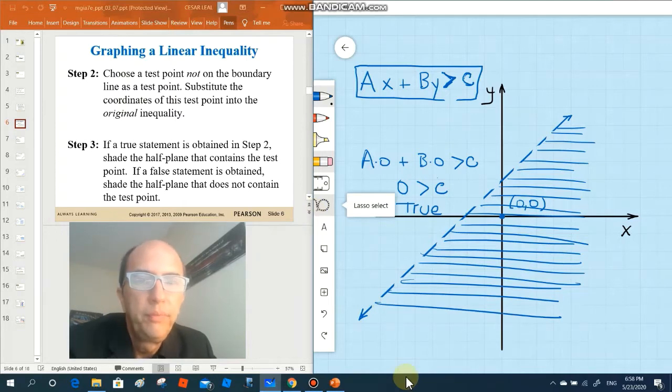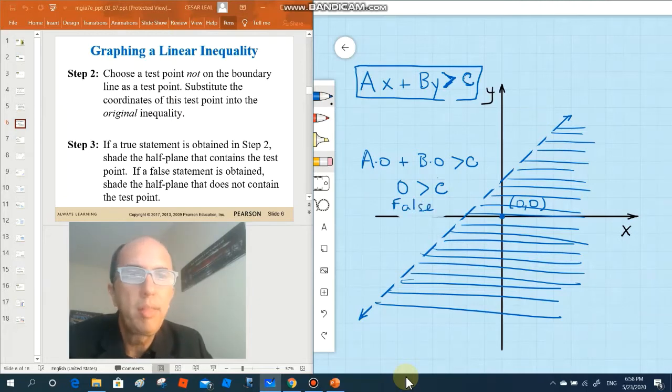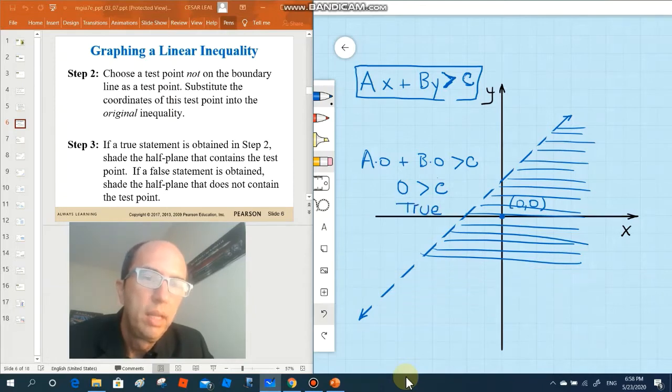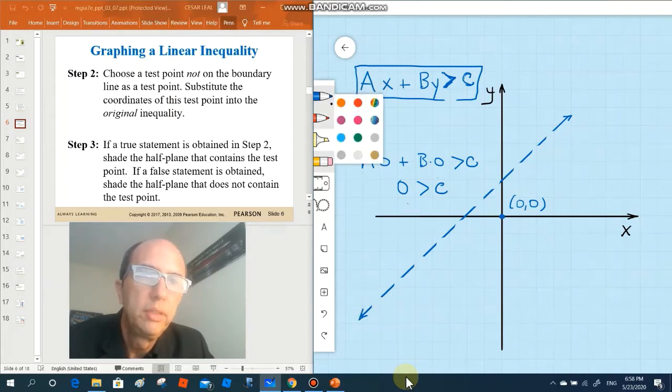If it's not true, if it is false, then it's going to be the other area. It's going to be the opposite area. Let's say it's false.